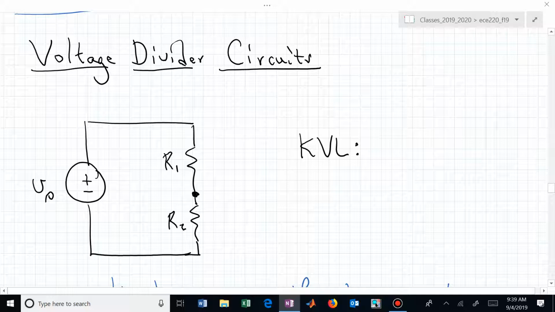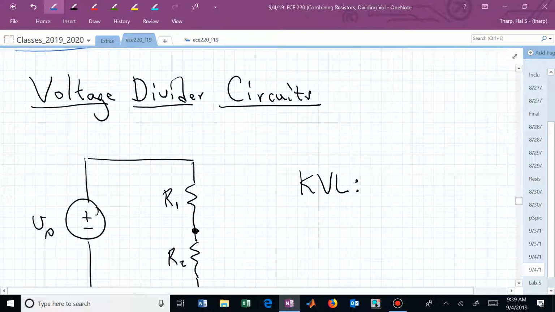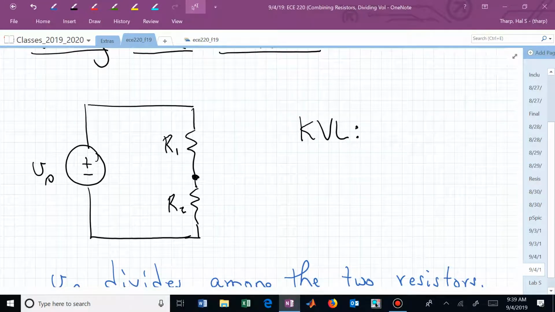Or how do I want to set this up to start analyzing or writing a KVL for this series connection of a voltage, V sub S, applied across 2 resistors that are in series?